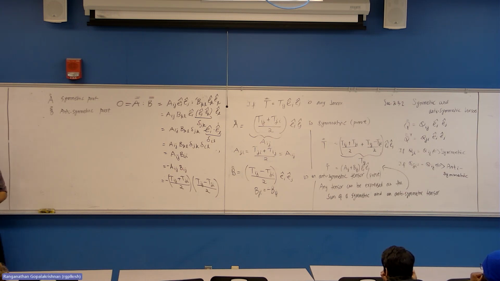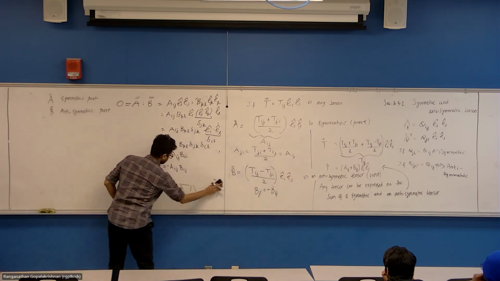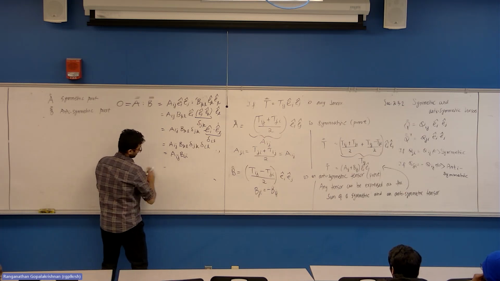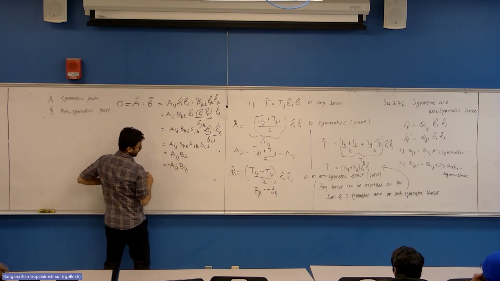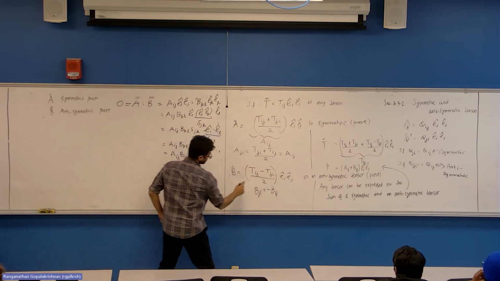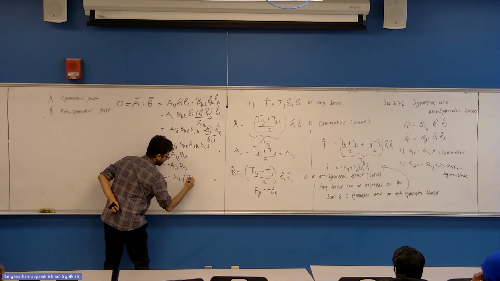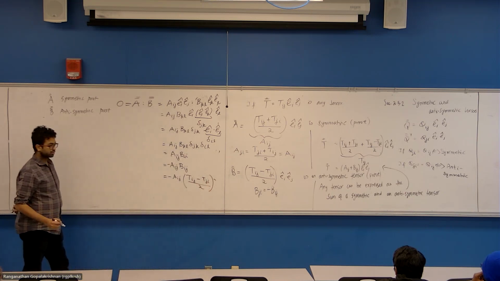All right, I'm going to take a hint the book gives. We are here, so we'll write this as Aij Bij with a negative sign. And what is Bij? Minus Aij times (Tij minus Tji)/2.